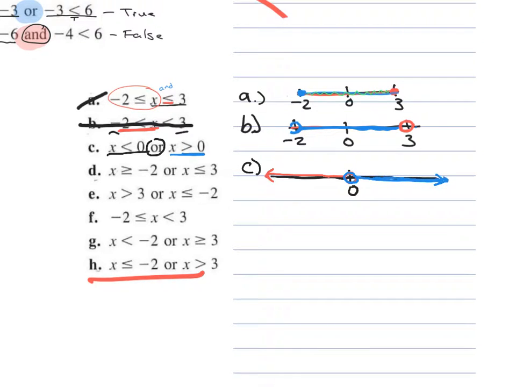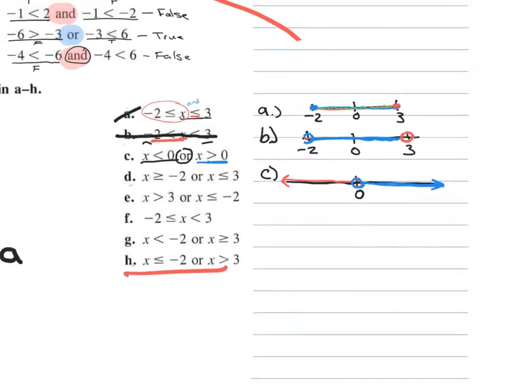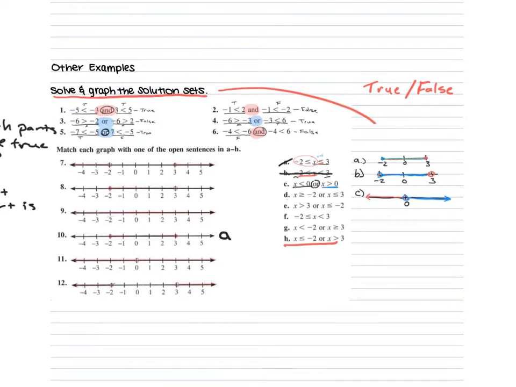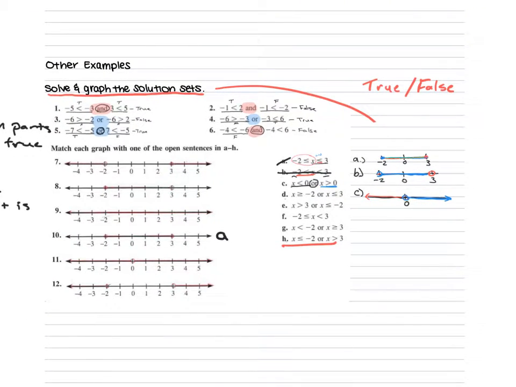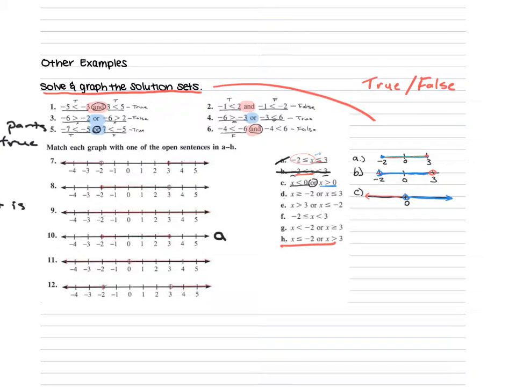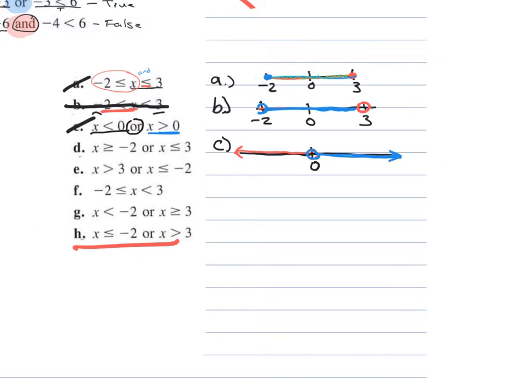But notice I did not include 0 there because 0 was never included. So now I'm looking for something that looks like C. 11 looks like C. Oh, I crossed off the wrong one. C. There we go. Okay, so we're moving on to D here.